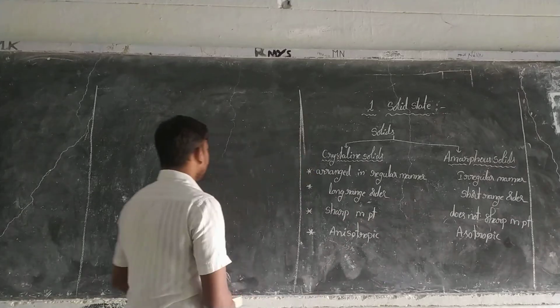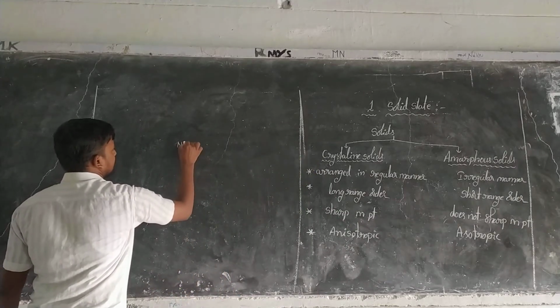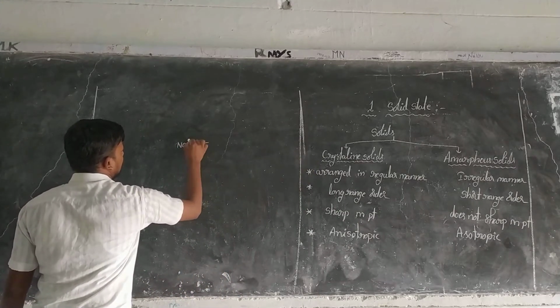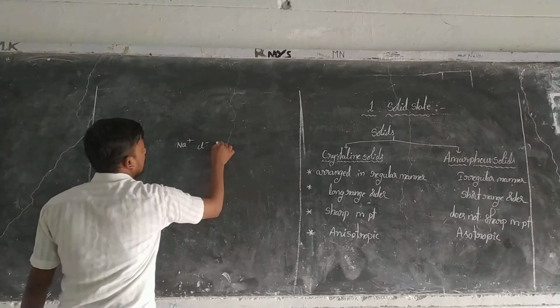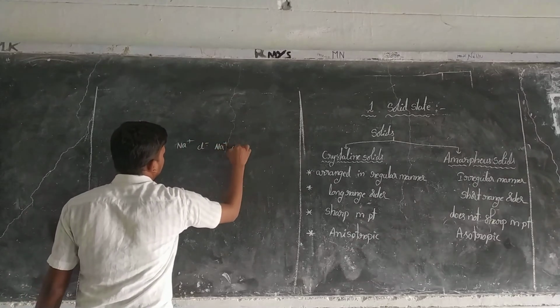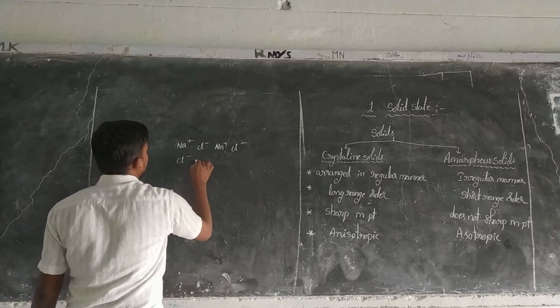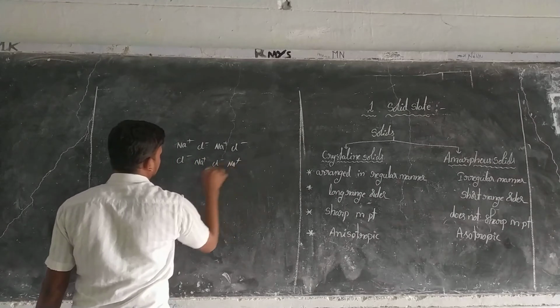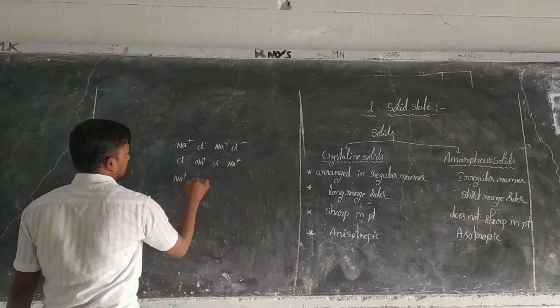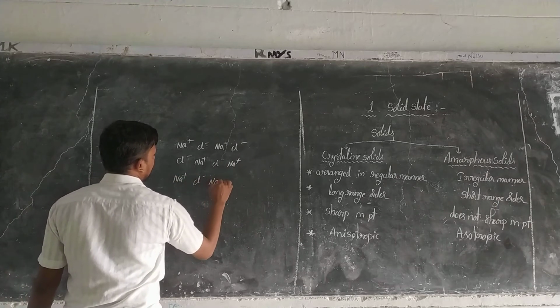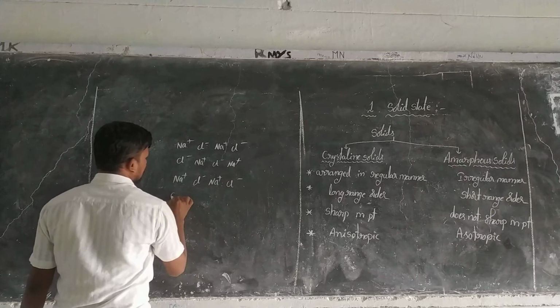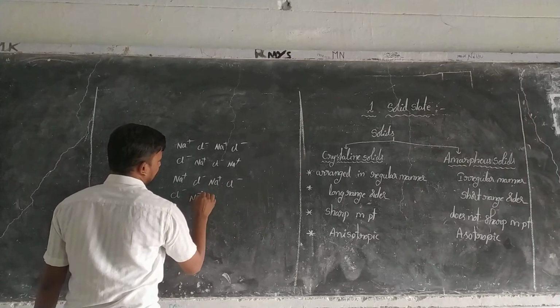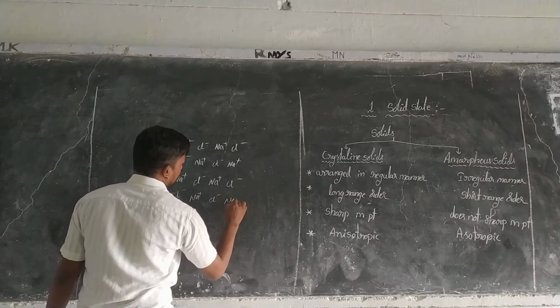So if you take NaCl crystal, Na plus Cl minus, Na plus Cl minus, Cl minus, Na plus Cl minus, Na plus, Na plus Cl minus, Na plus Cl minus, Cl minus, Na plus, Cl minus, Na plus.